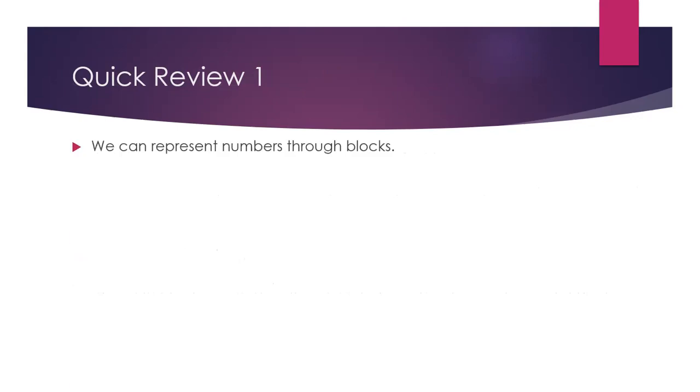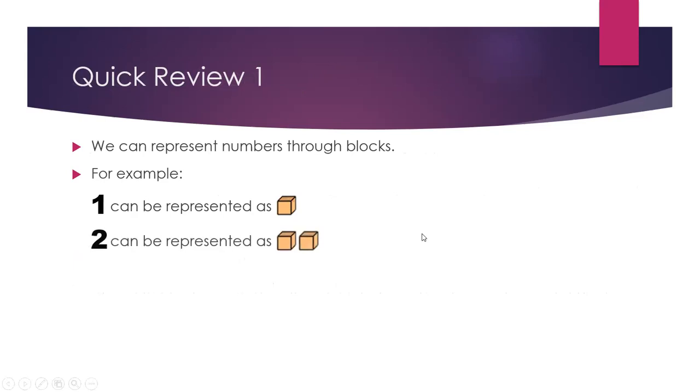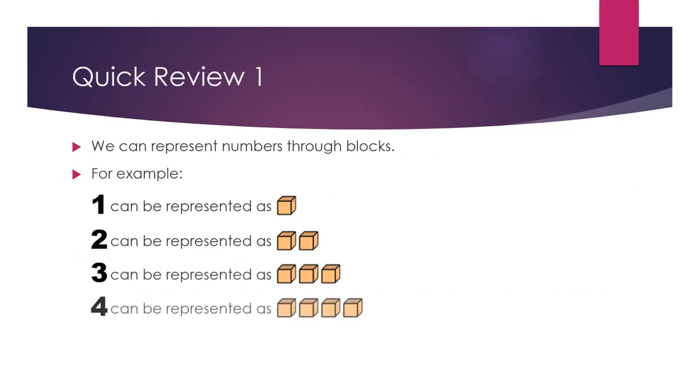As you know that we can represent numbers through blocks. So for example, one can be represented as a single one block as shown here. Similarly, two can be represented as two blocks. Similarly, 3 can be represented as 3 blocks. 4 can be represented as 4 ones blocks.